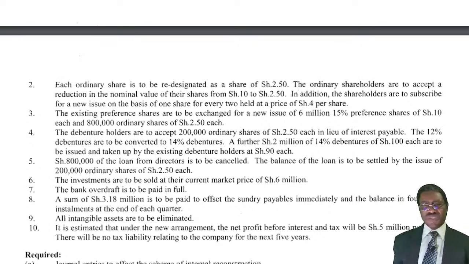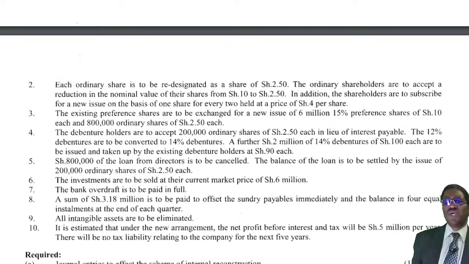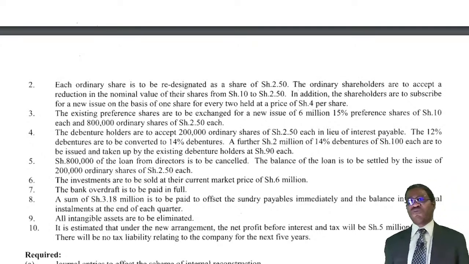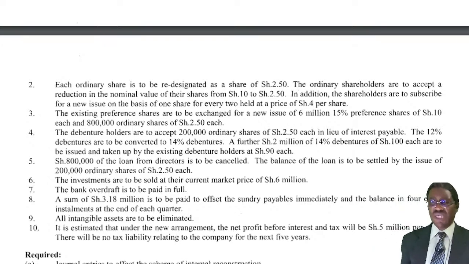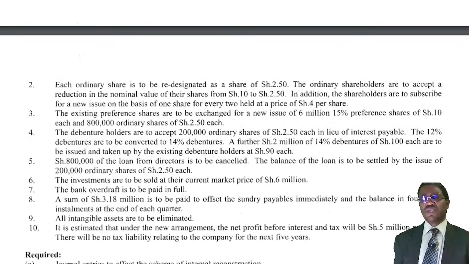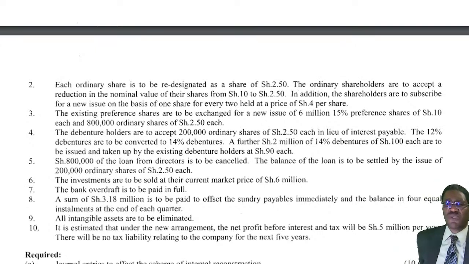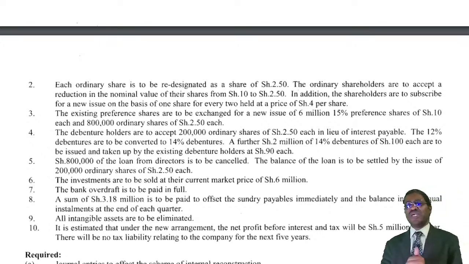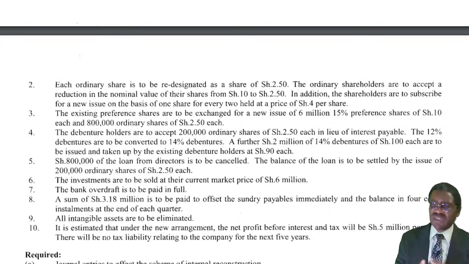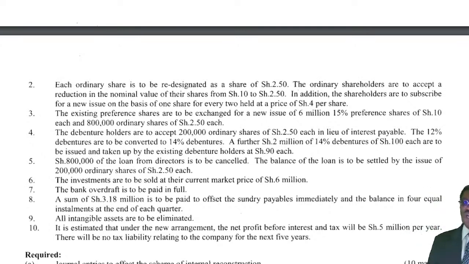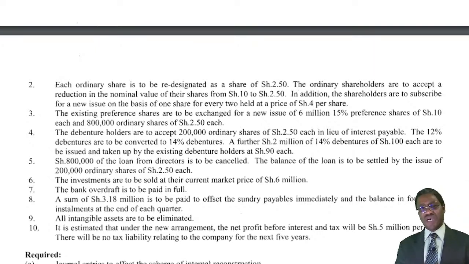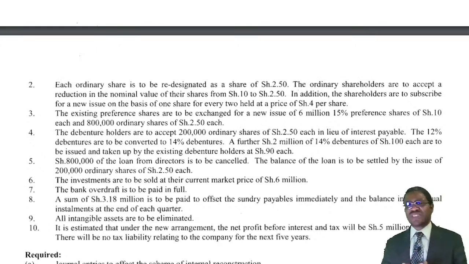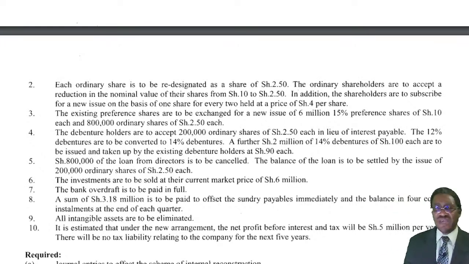Number 6, investments are to be sold at their current market price of 2 shillings. 7, bank overdraft is to be repaid in full. 8, a sum of shillings 3.18 million is to be paid to offset the sundry payables immediately, and the balance in 4 equal installments at the end of each quarter. Number 9, all intangible assets are to be eliminated.